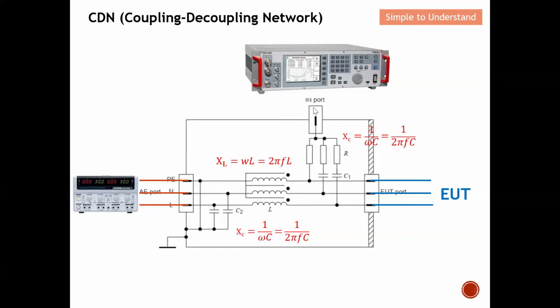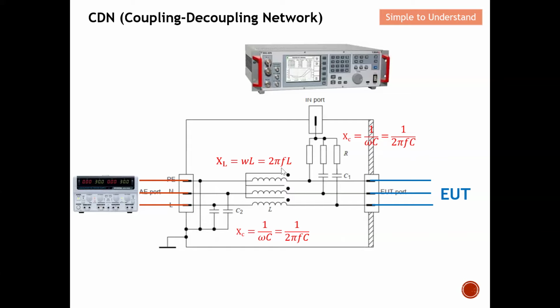Therefore, the noise source will continue to propagate here, because this capacitor will be like a short circuit. Once it is over here, the noise source will disturb your EUT. However, you can see that this noise source will not propagate down this path. Why? Remember I told you the frequency is high, because the RF source typically has a higher frequency.